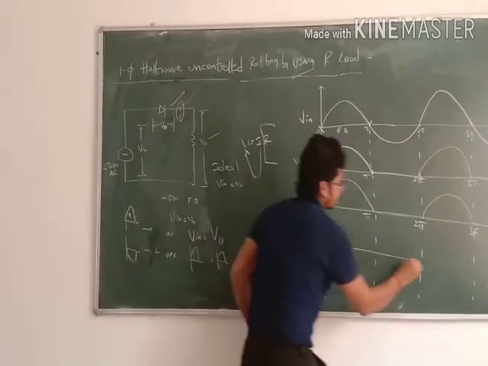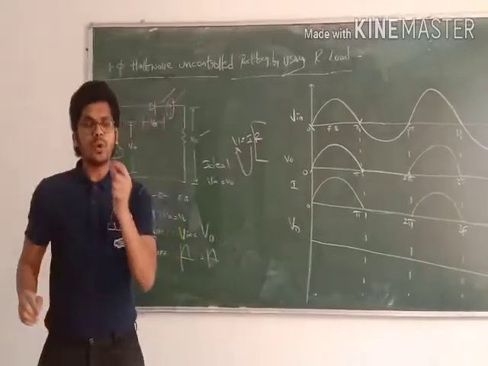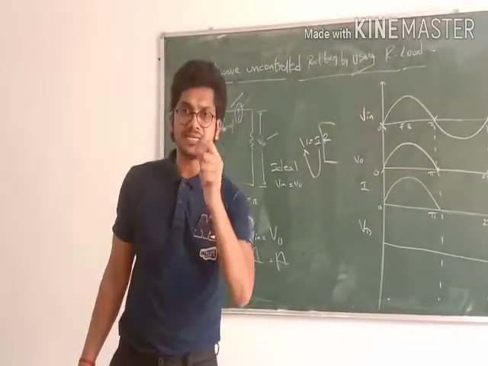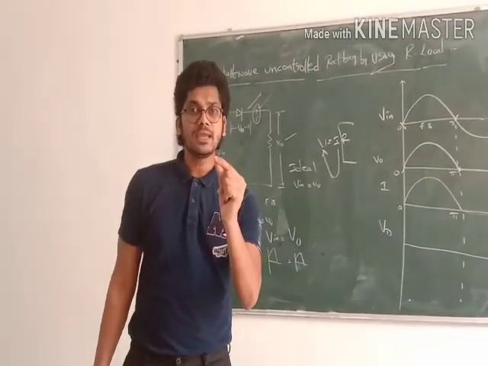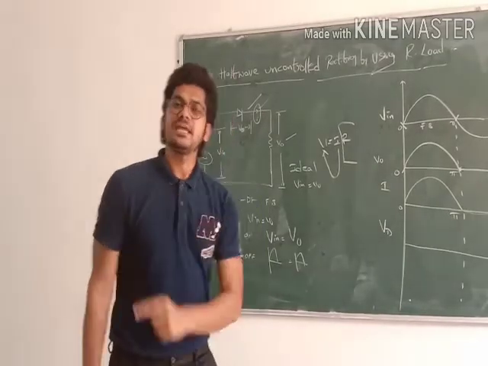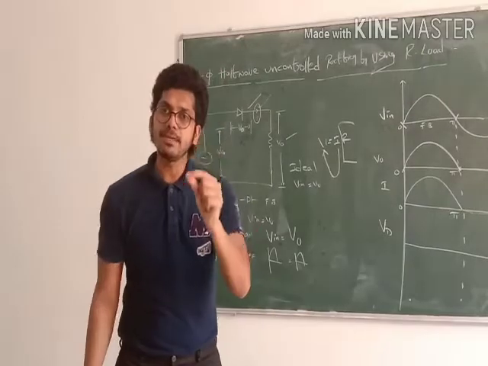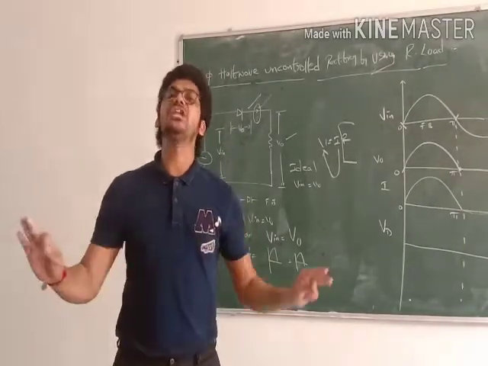If you are going for the voltage across the diode, one important point you have to remember, because this point is very useful in the GATE exams also. If the switch, whatever it is, power semiconductor device, is in the on state or forward bias, it cannot block any voltage.